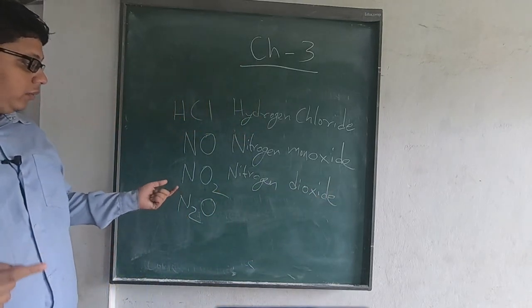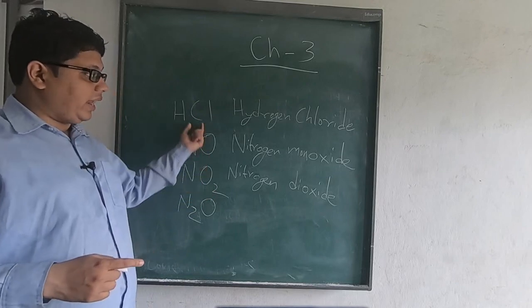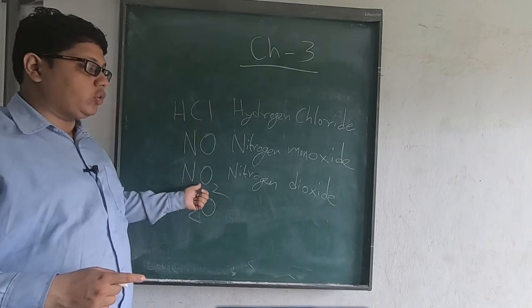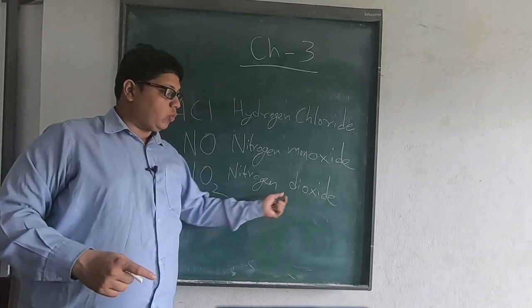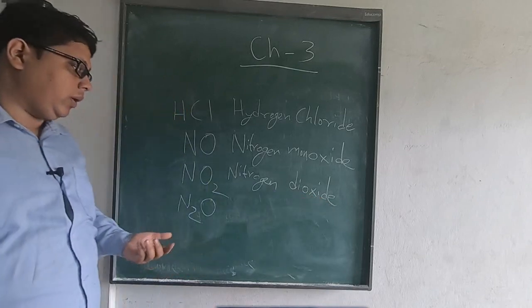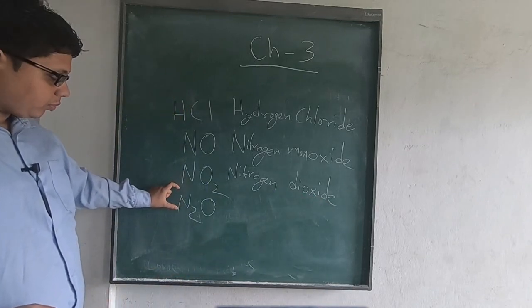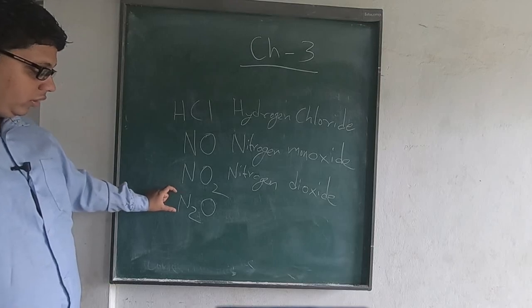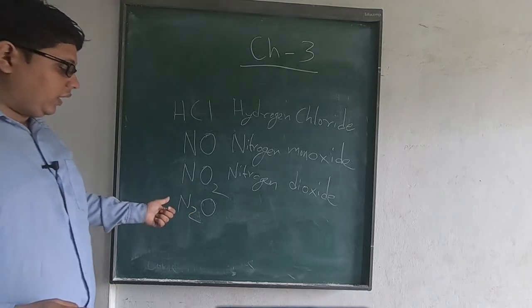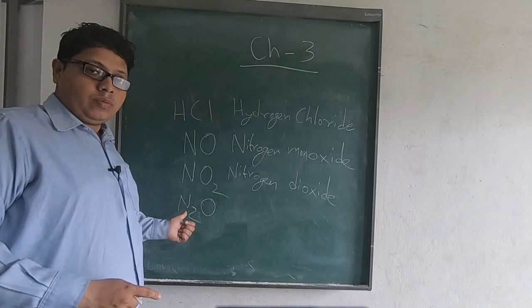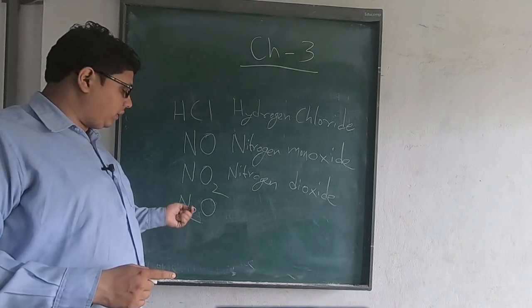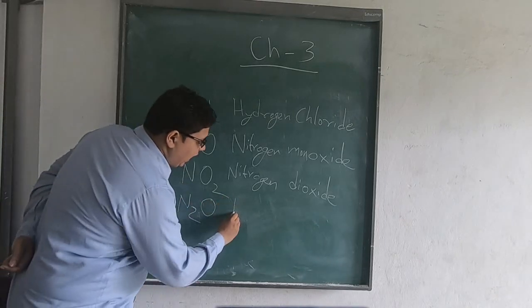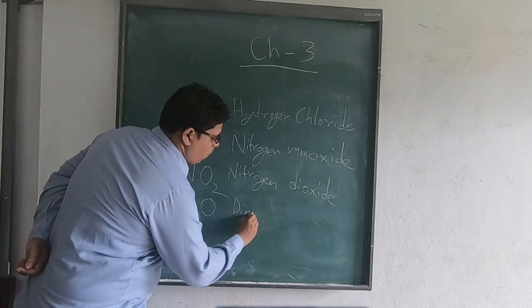Again di because there are two, and always the ending changes, okay? It was simply oxygen, but in the compound we are naming it as oxide, okay? Again you can see here nitrogen is here, again oxygen, but here nitrogen is 2. So we can write it in this manner also, dinitrogen monoxide.